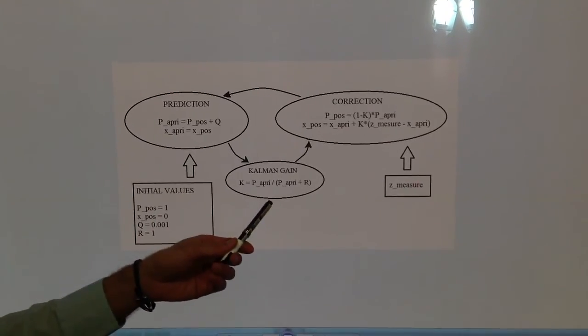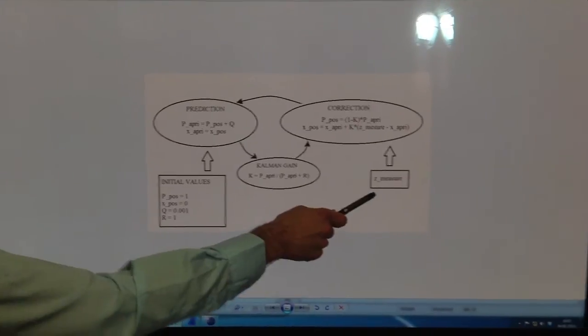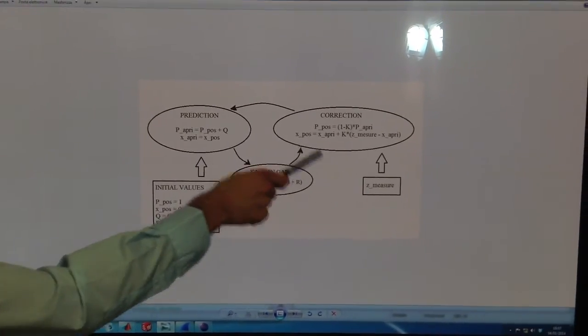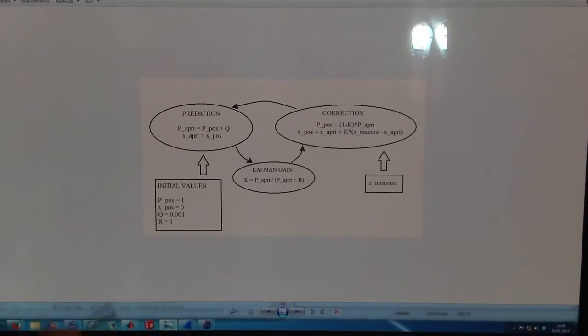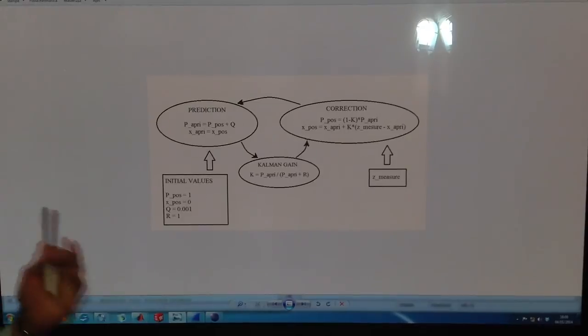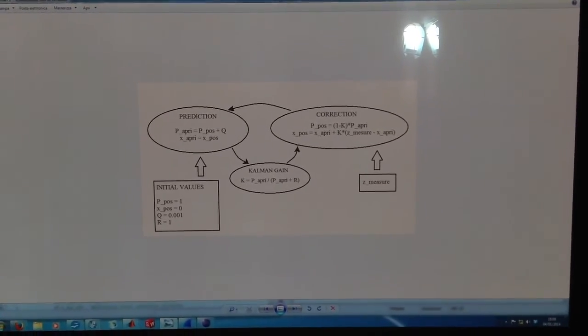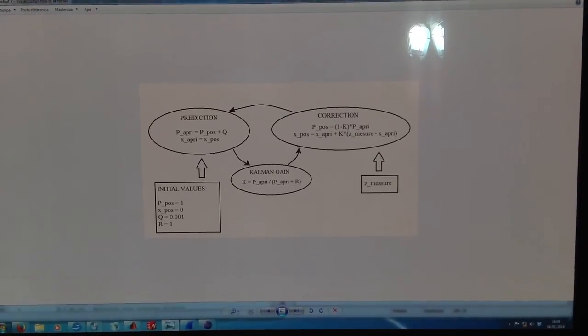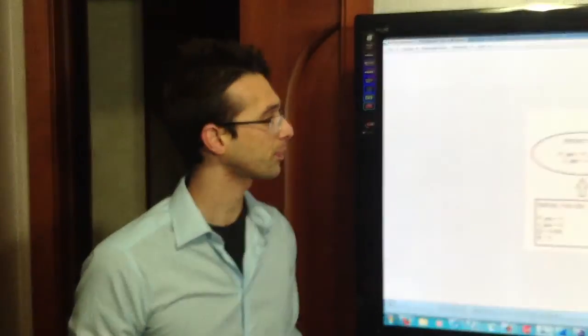Then we can calculate the Kalman gain, and upon the measure receipt we can do a correction to calculate a posteriori covariance and a posteriori measurement estimate. The algorithm is iterative and is well suited for implementation on embedded systems to process data streams.